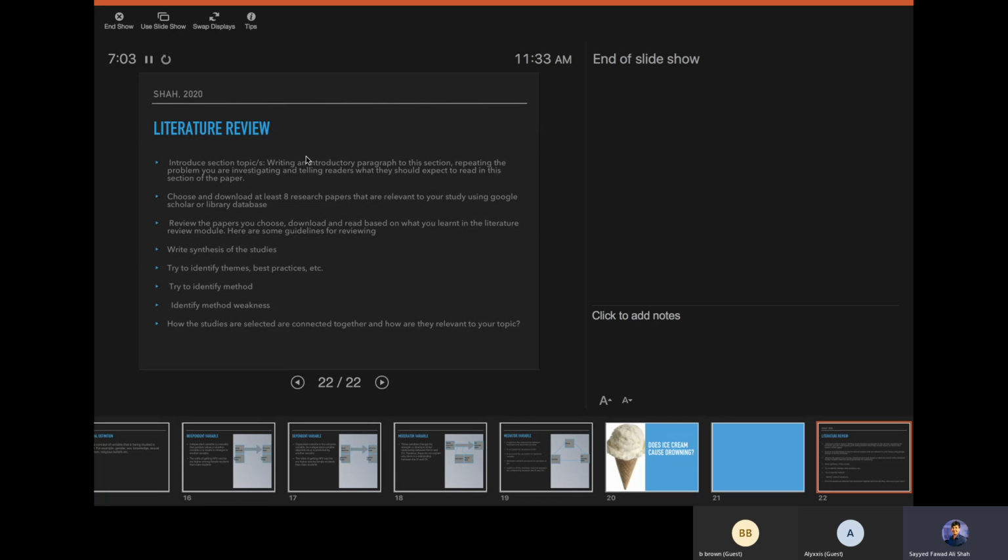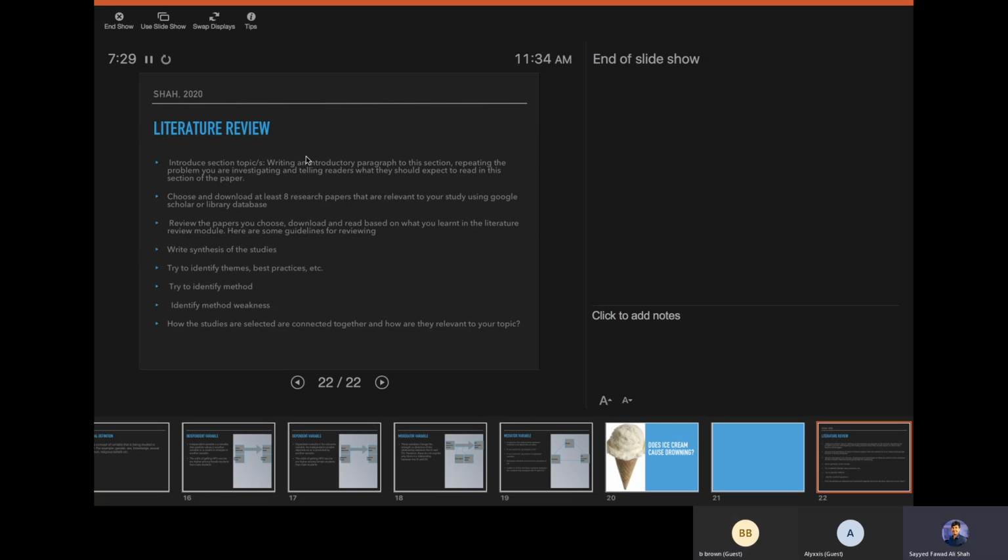So for example, for Alexis' study, she wants to see how students use social media during the current pandemic, or what type of information do they seek through social media during the current pandemic. So overall, the social media usage during this pandemic is her broader topic.